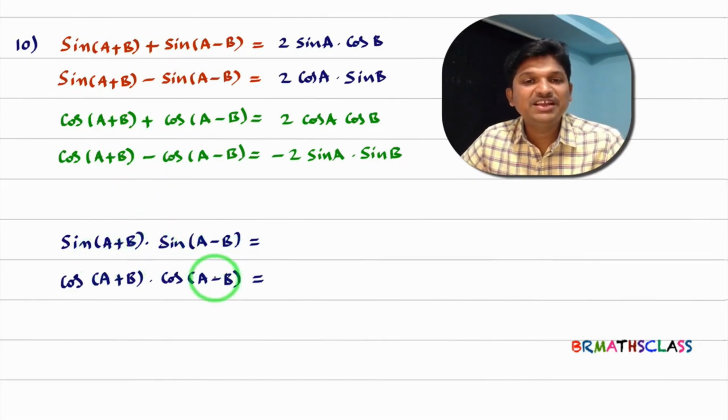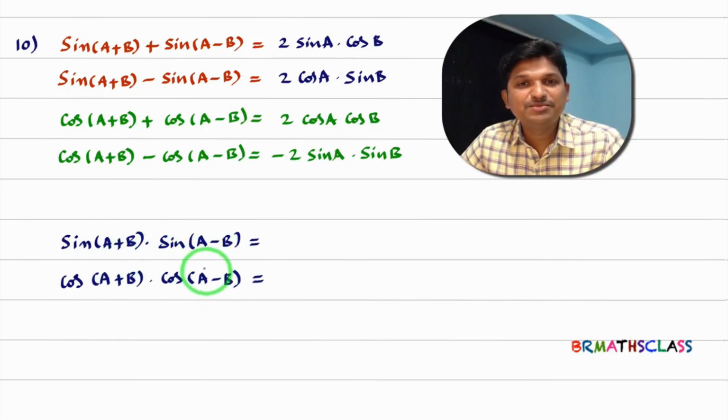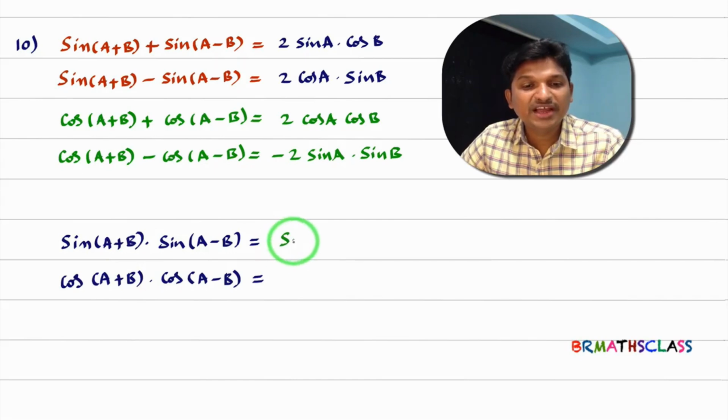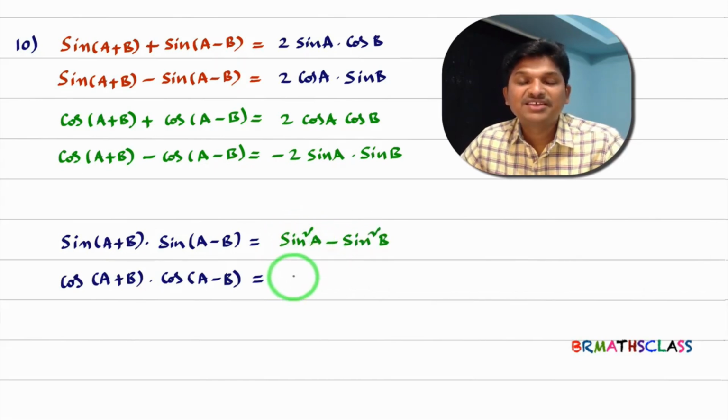Sin A plus B into sin A minus B formula, when we multiply, you will get sin square A minus sin square B. You can observe here, this formula is completely in terms of sine.